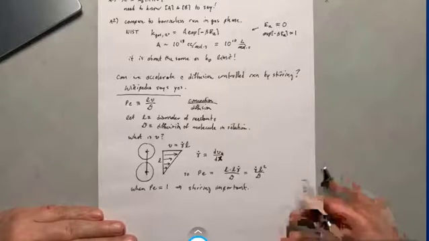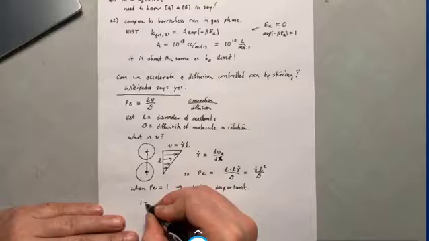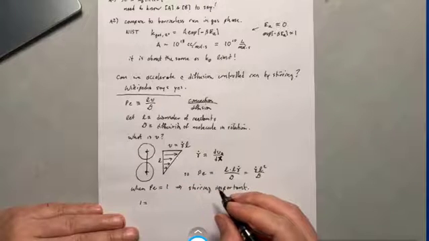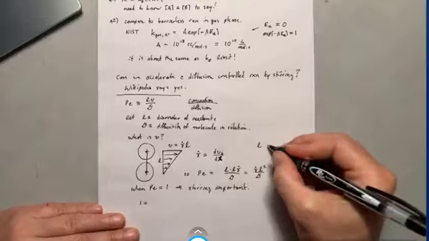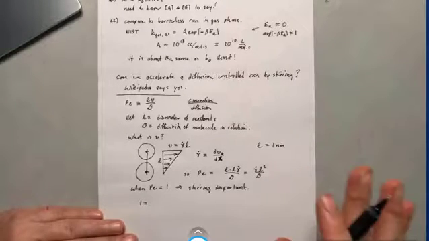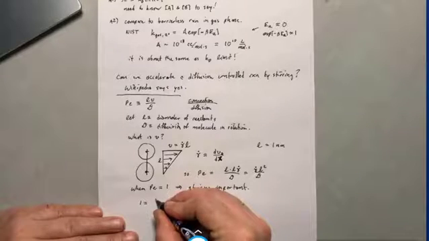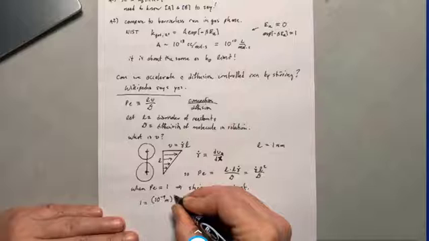Okay, so for the Peclet number to be 1, then we want to set 1 to be equal to the size of my molecules, and let's say that my molecules are about 1 nanometer across. So these are small molecules, no bigger than that. So I have 10 to the minus 9 meters, that's my nanometer. That's going to be squared.